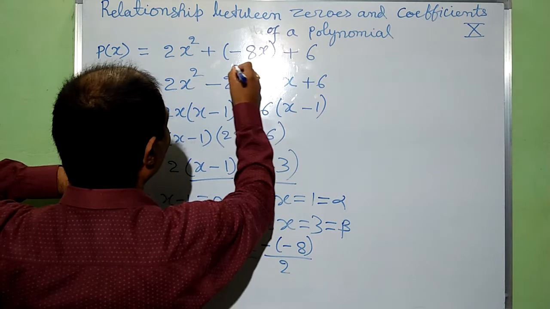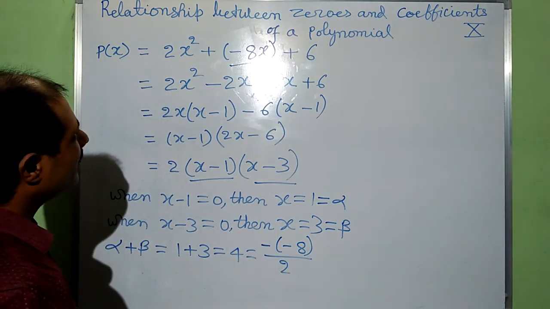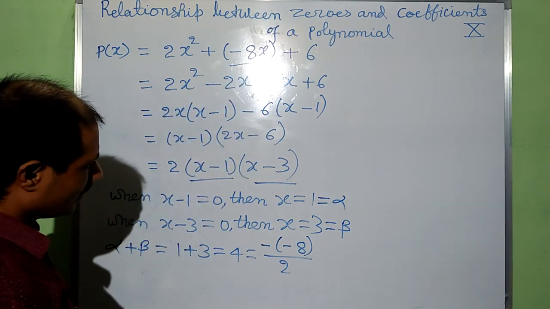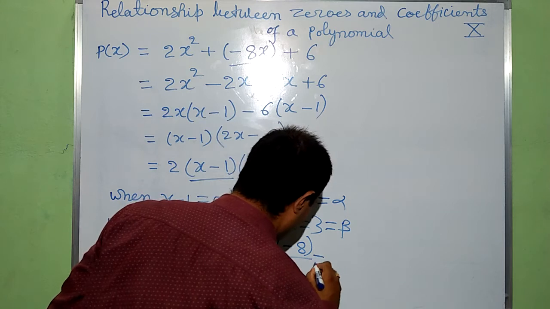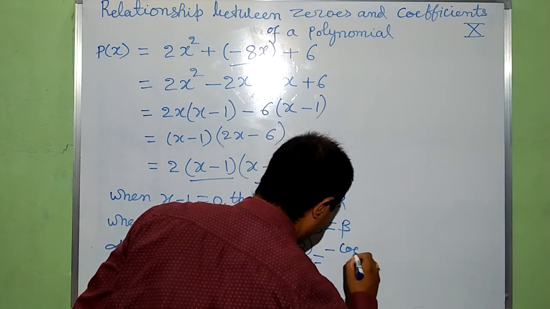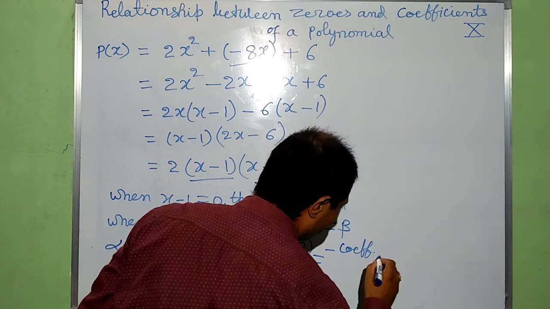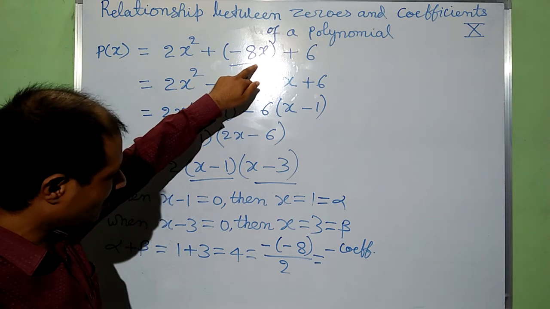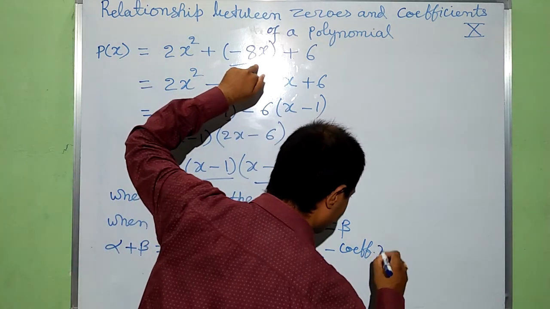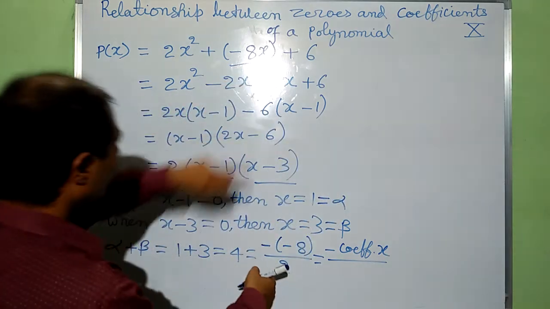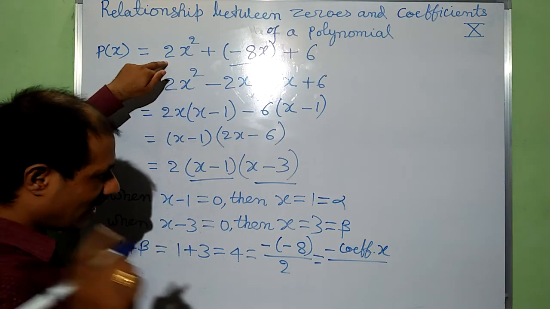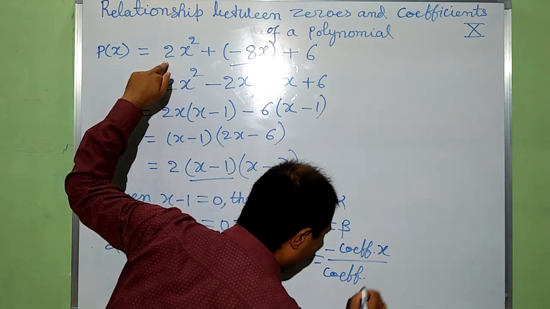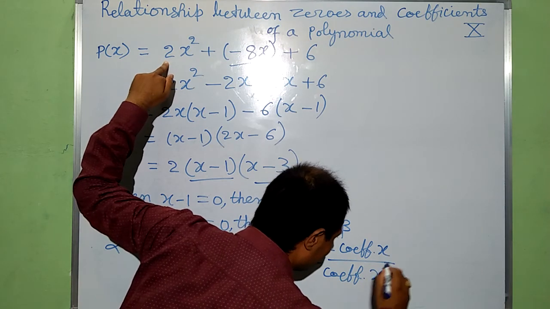Minus 8 is this part. We can write it as minus coefficient of x by 2. Minus 8 is the coefficient of x, and 2 is the coefficient of x square.